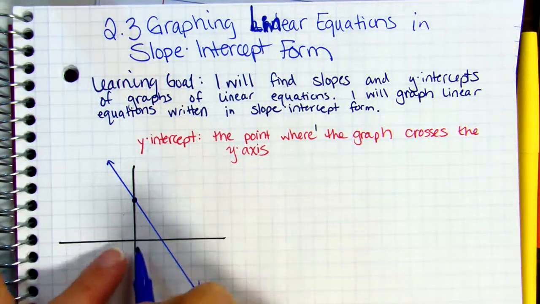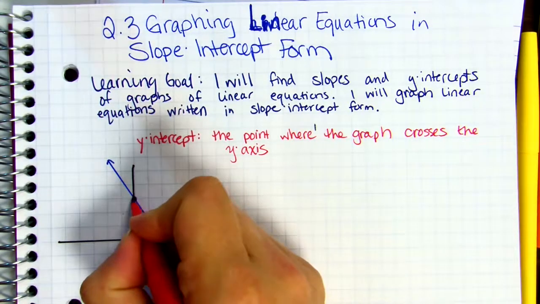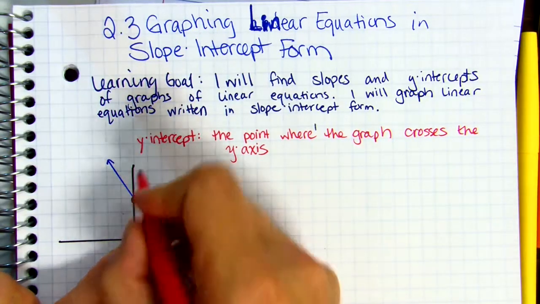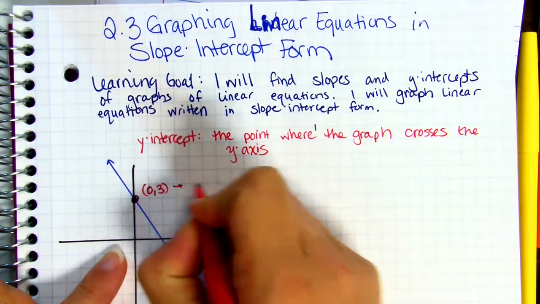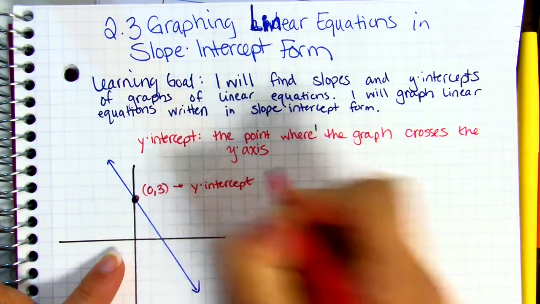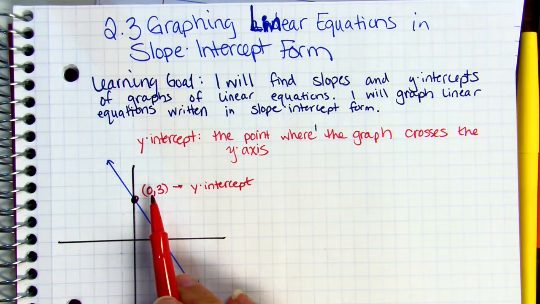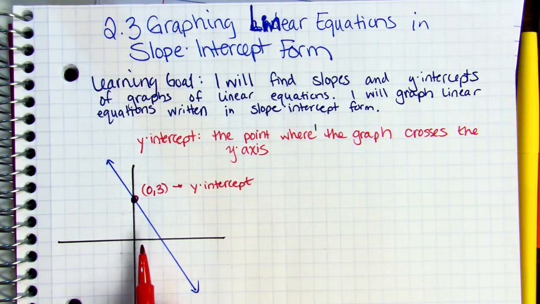So in this case, the coordinates of my y-intercept, actually I should make that red, are 0, 3. And our y-intercept is always going to have a 0 for the x-coordinate because it's on the y-axis. You're not moving side to side at all.